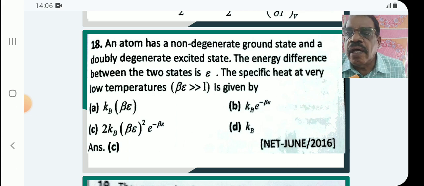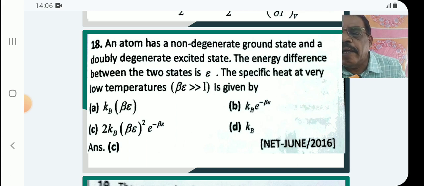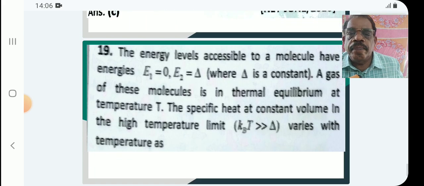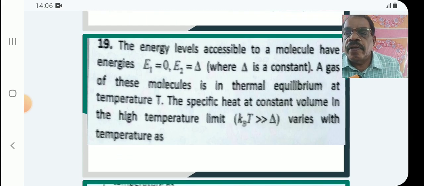The specific heat at a very low temperature, beta epsilon much greater than 1, is given by: kB into beta epsilon, kB into e raised to minus beta epsilon, 2 kB beta epsilon squared e raised to minus beta epsilon, or kB. Answer is C, that you study. The calculation is not given, being lengthy.